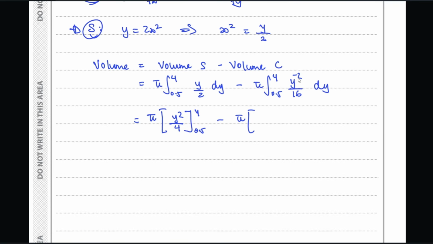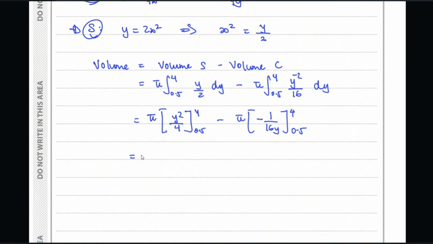For y to the power minus 2, we add 1 to the power so that it becomes y to the power minus 1, and we divide by minus 1, so there's a negative sign in front. It becomes minus y to the power minus 1 over 16, which is the same as minus 1 over 16y. Then we close the bracket and apply the limits 4 and 0.5.